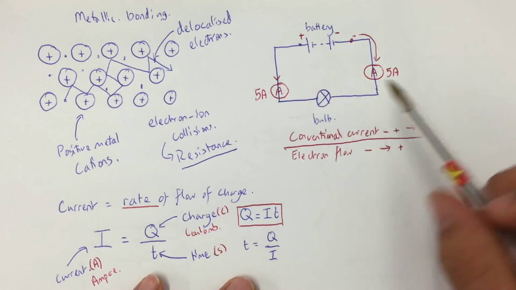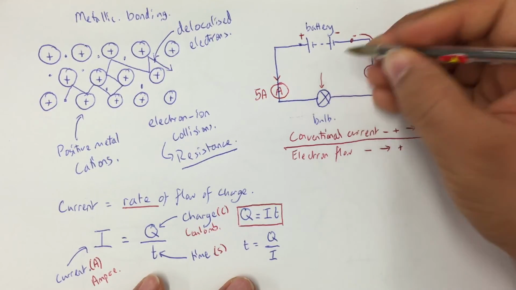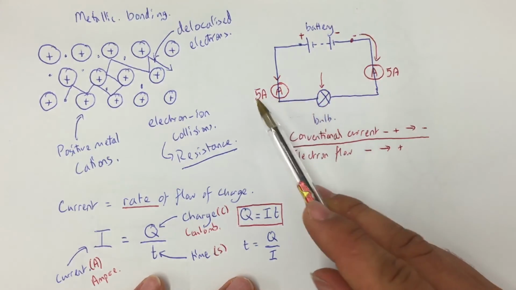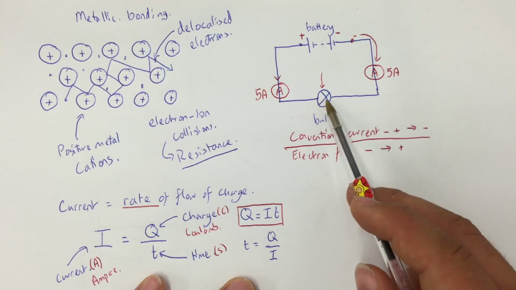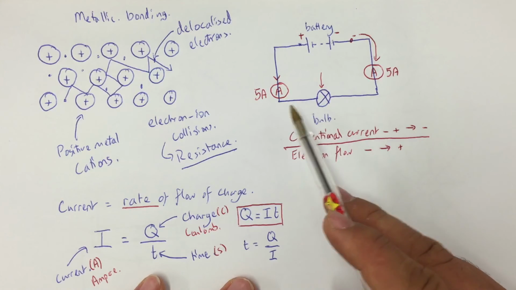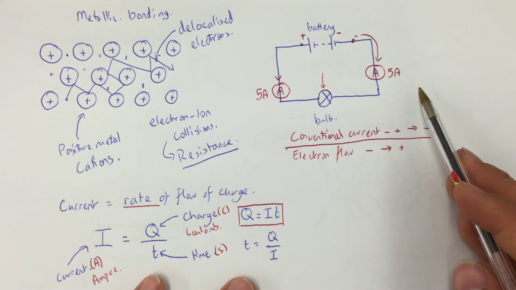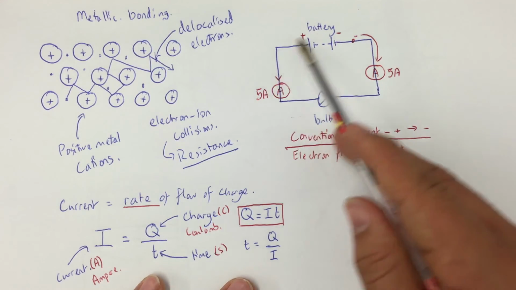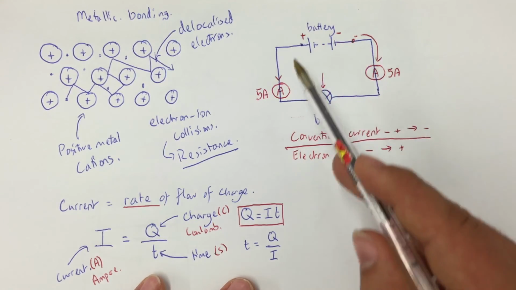The way to think about this is, imagine at this point here is a speed camera on the road, and I had 5 cars passing the speed camera. I would still have 5 cars at the end of it. The speed camera doesn't destroy the cars, it doesn't use up the cars. All it does is the cars pass through it. So with current, the current in a series circuit like this, which is one loop, is the same at every single point on the circuit.